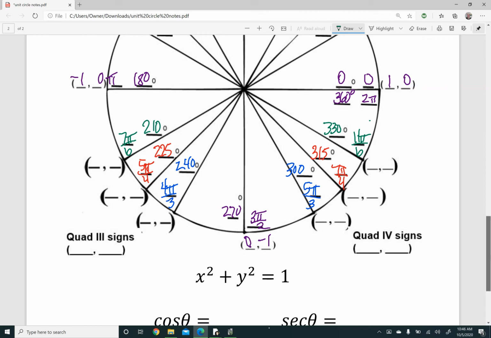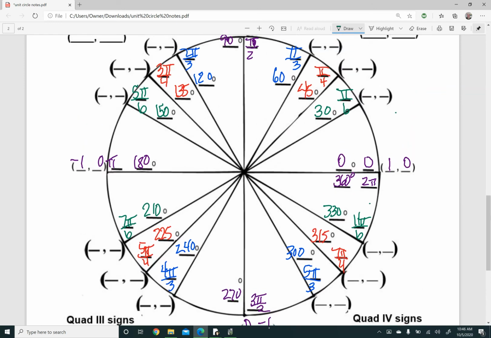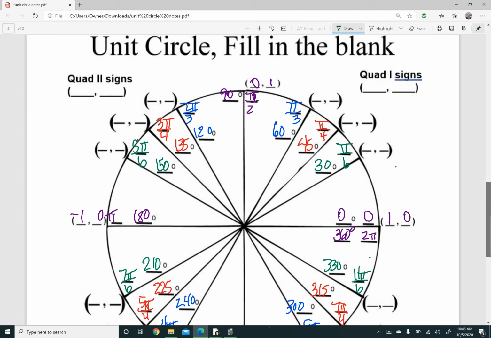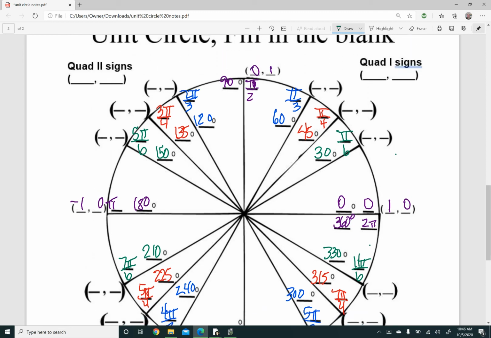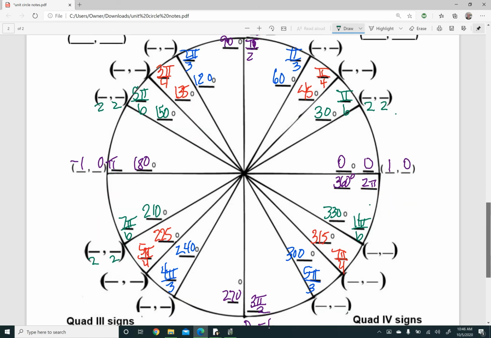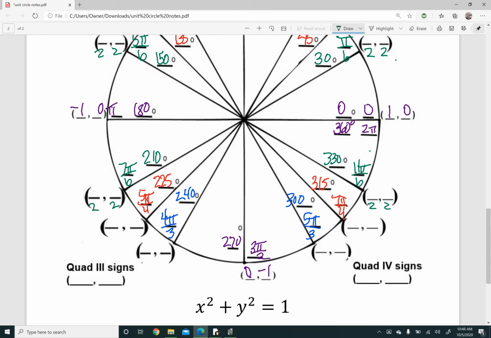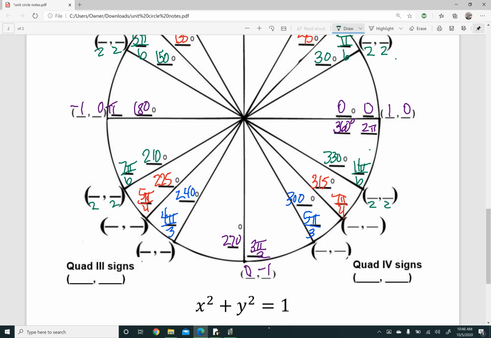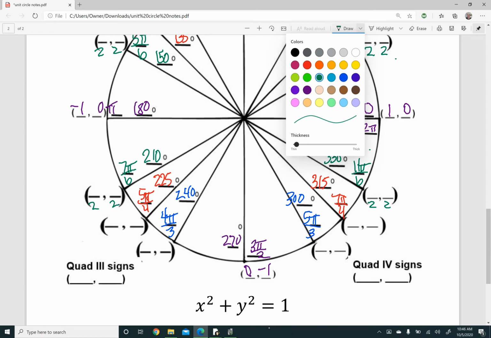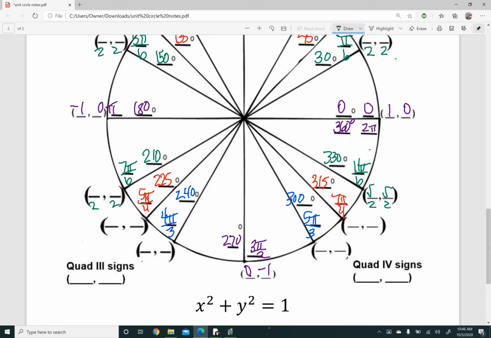Now, what about all these other points? Well, there's a trick to these other points. The trick is that all of them are over 2. Every single one of them is over 2 and has a square root on top.